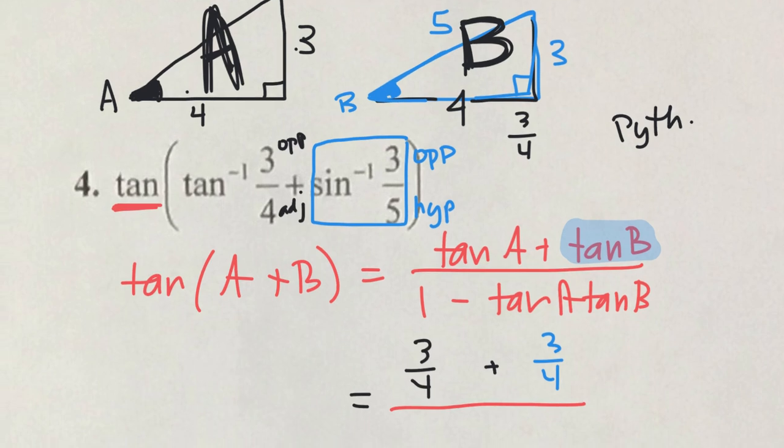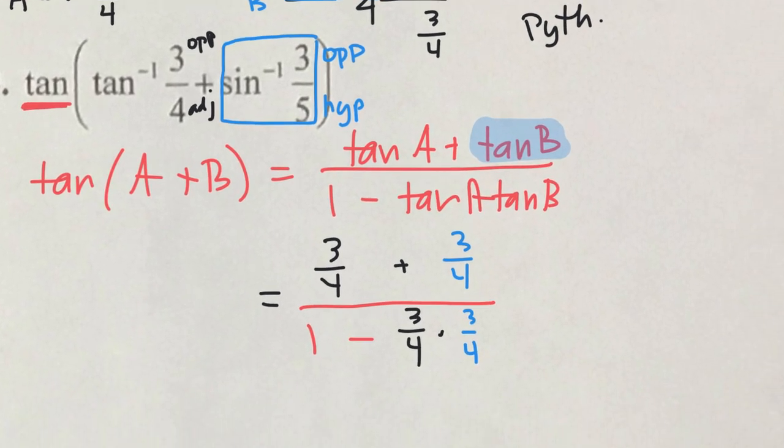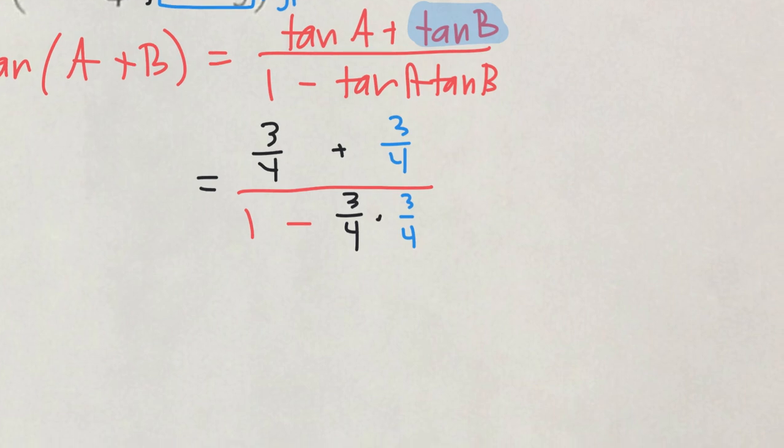Anyway, over 1 minus tan of A, which was once again 3/4, times the tan of B, which is once again 3/4. Okay, so here we have a lot of fractions, and we're going to have to remember how to do fractions. Sorry, fractions are part of life, and we're going to have to know how to add and subtract them, especially in a math class.